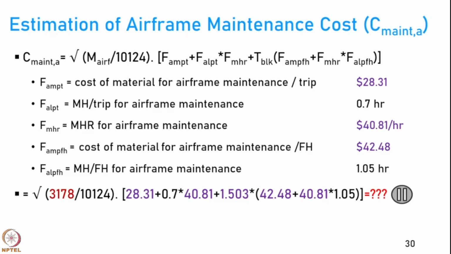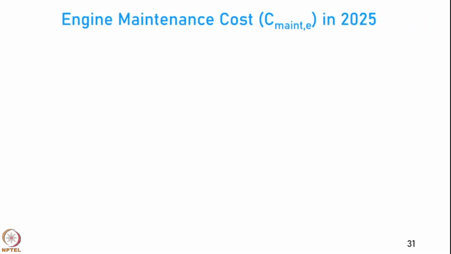We take a root of that to get the cost scaling, and then we put all the numbers inside which are already explained to you. I'll pause here, and I'd like you to also pause and do this calculation and tell me what number you get. The number comes out to be $103.72. So, therefore, $103.72 per hour per trip is spent in airframe maintenance for operating this aircraft.